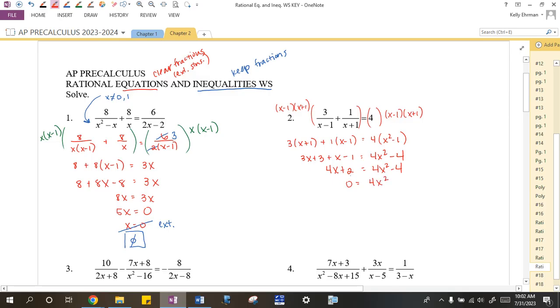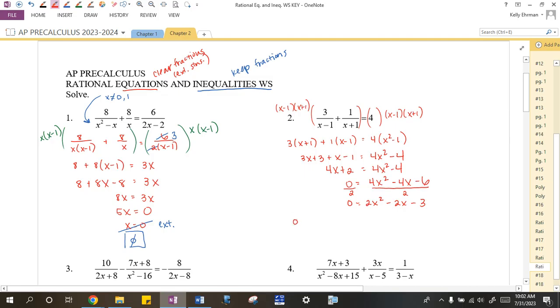So 4x squared minus 4x, and then if I subtract 2 from negative 4, I get minus 6. Again, with equations, you're allowed to divide both sides of an equation by a number. You just would never divide by x. So this makes it 2x squared minus 2x minus 3 equals 0.